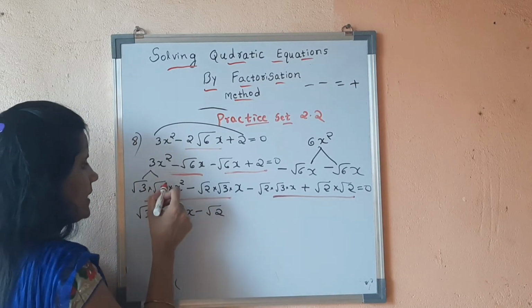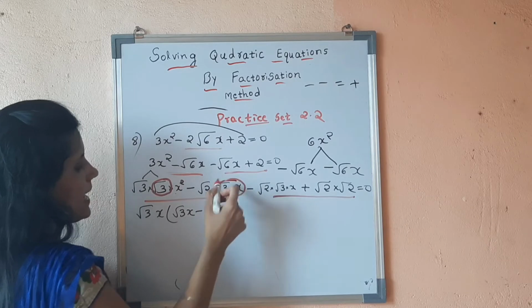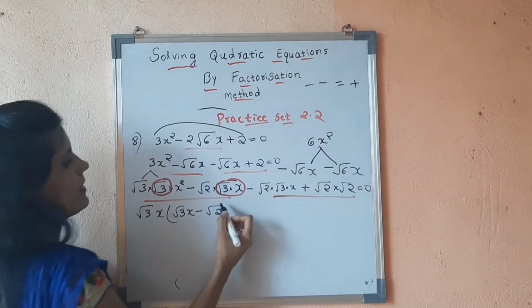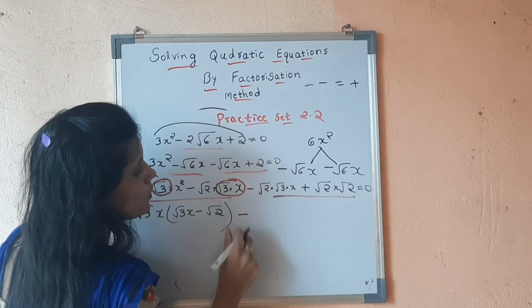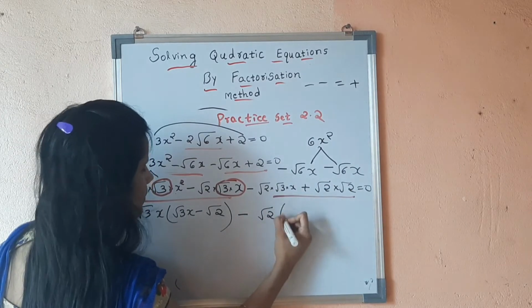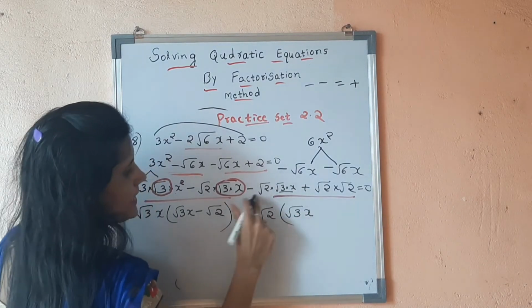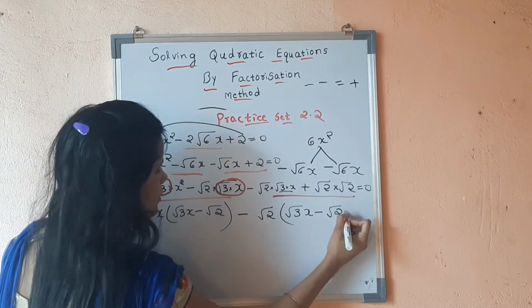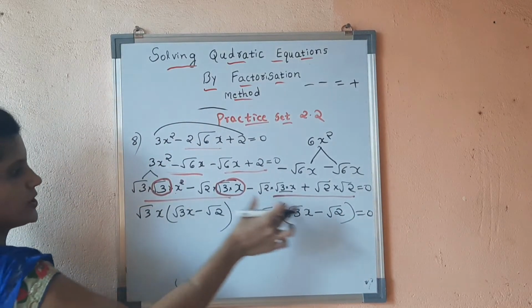Because I have taken root 3x and here root 3x is remaining. Now in this case, what is common? You can take root 2 as common. So if I take root 2 as common, what will be remaining? Here you will get root 3x and minus, and you will get root 2.